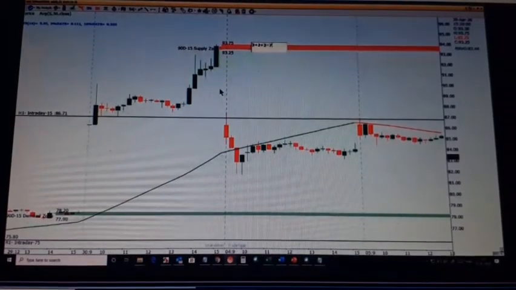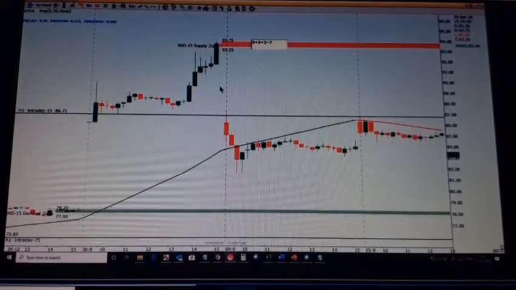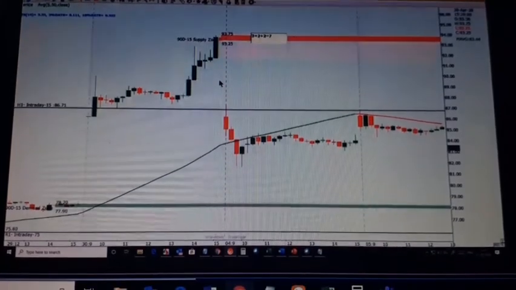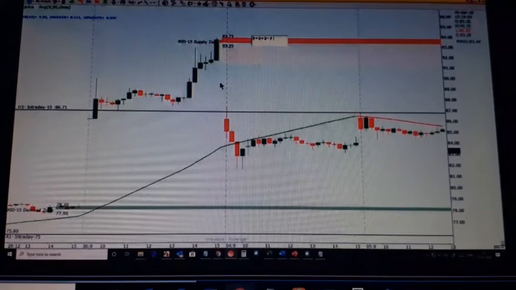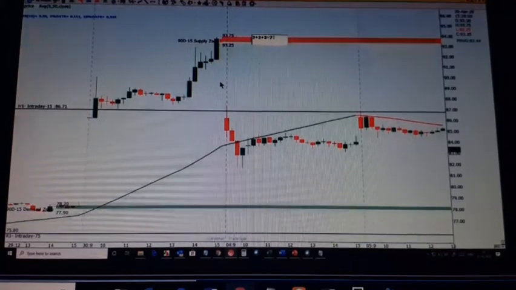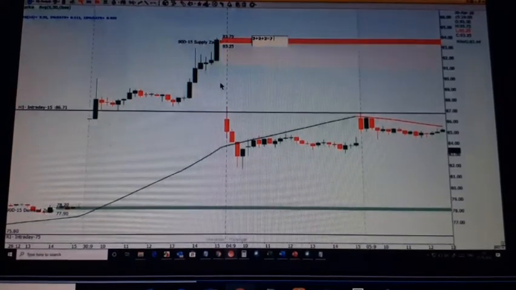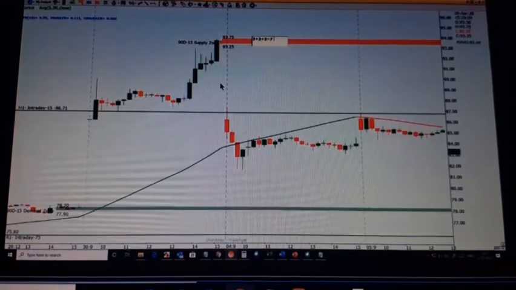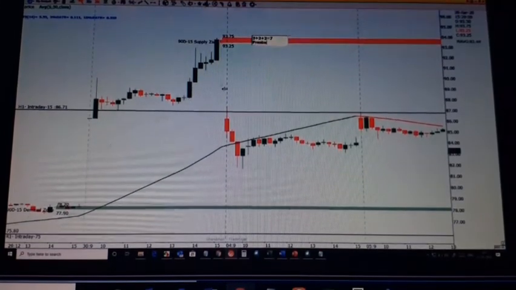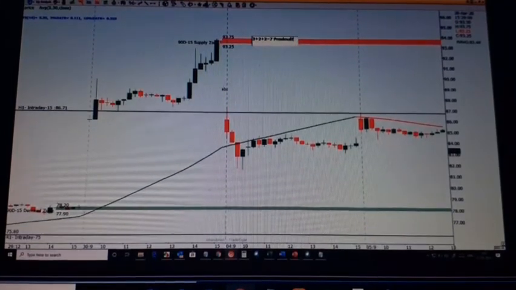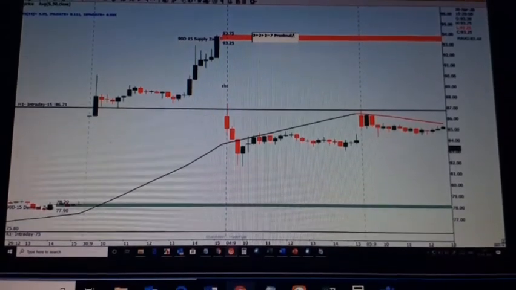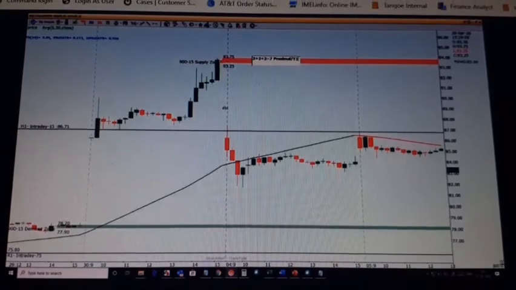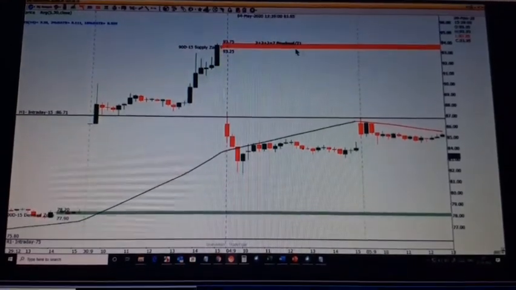So if this is 7, what type of entry will we be taking? Type 1 or proximal entry. So proximal or T1. Okay.